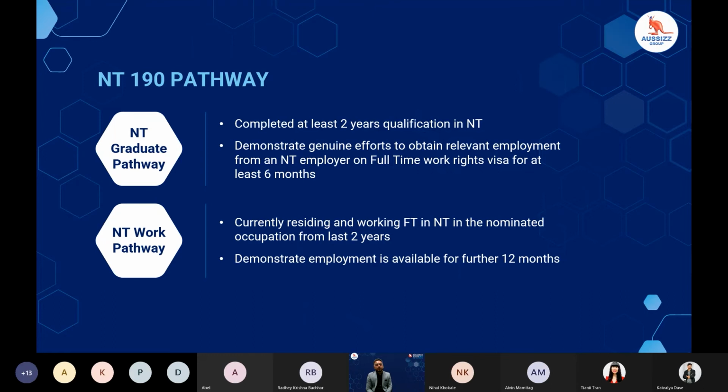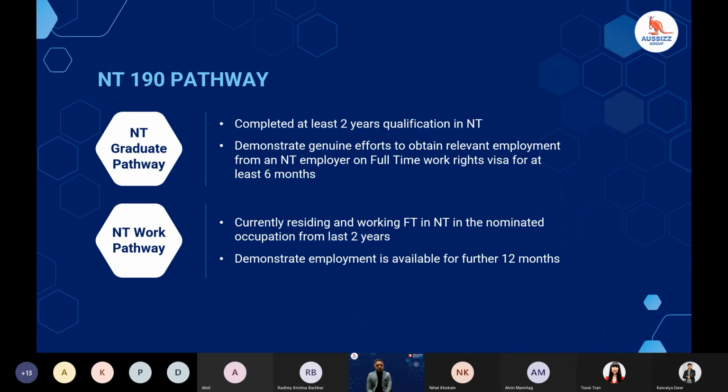So you must have completed 2 years of study, but the second part depends on which occupation you're working in. You need to show, by working 6 months there, that you have a genuine intention to continue to live and work in NT.